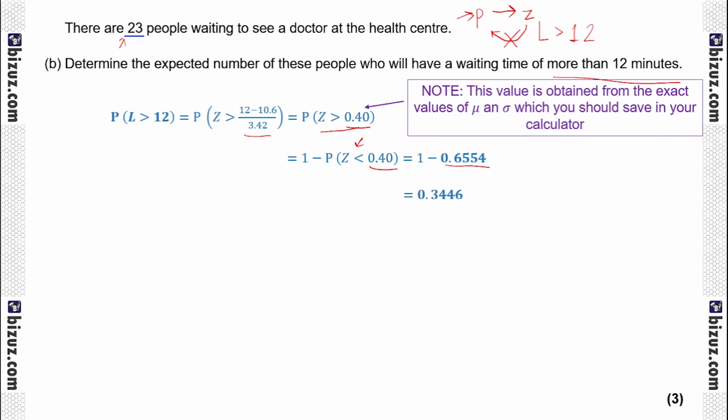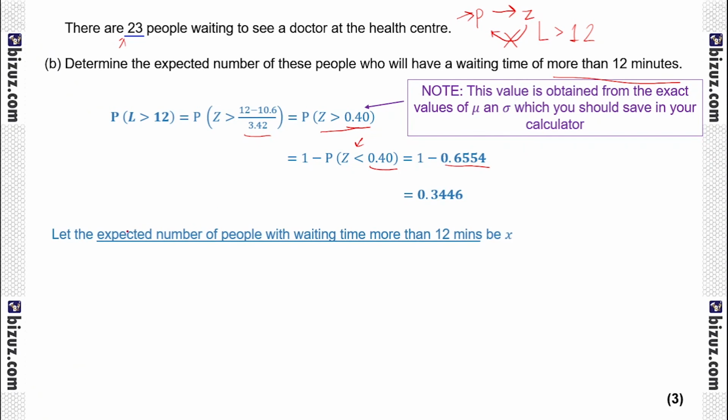So now let the expected number of people with waiting time more than 12 minutes be x. From the basic definition of probability, or even proportion, probability is equal to the number of items that meet the criteria.